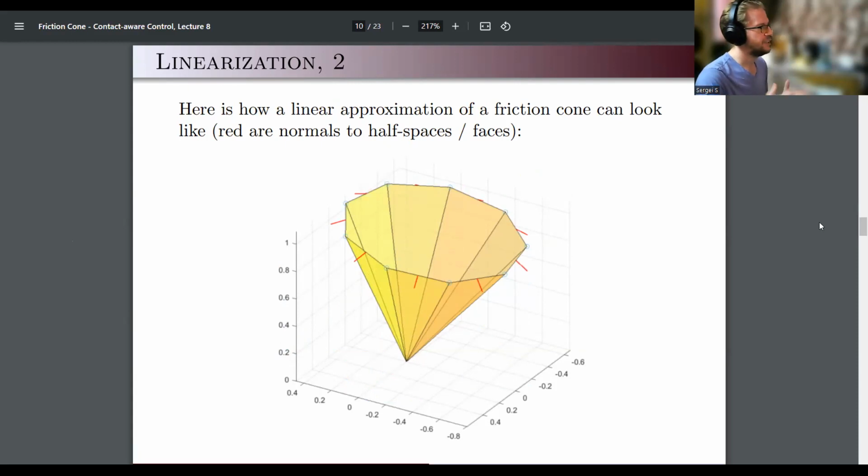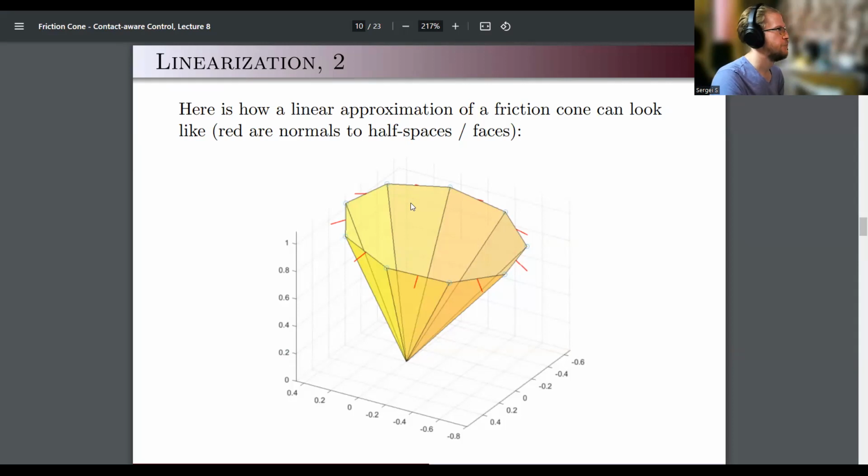And notice the more faces we have, the closer it will be to the original cone. The geometry becomes more and more smooth. The angles will be less obvious, less sharp.